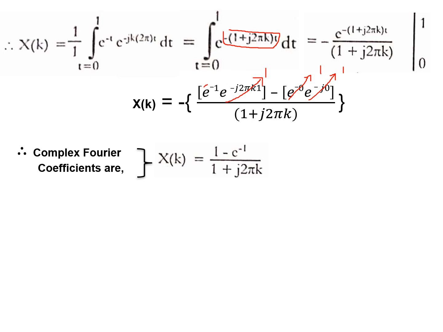So this is a constant, e power of minus 1 is a constant. Because I'm taking the minus sign inside, this will come here and this will go to this position. So 1 minus e to the power minus 1 divided by 1 plus j 2 pi k.